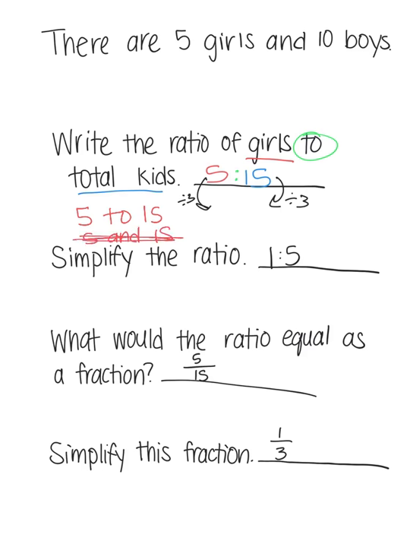Not 5 and 15, 5 to 15. And remember, the order is important. If I said 15 to 5, nope, not right either. It needs to be this order. So pay careful attention to this.